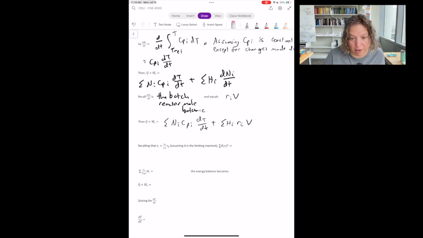Yes, let me write down all of the steps here. So then I would have this is going to be sum of the Hi nu i over nu A times negative RA V. Then we can take this piece of the expression. This is going to be the heat of reaction.